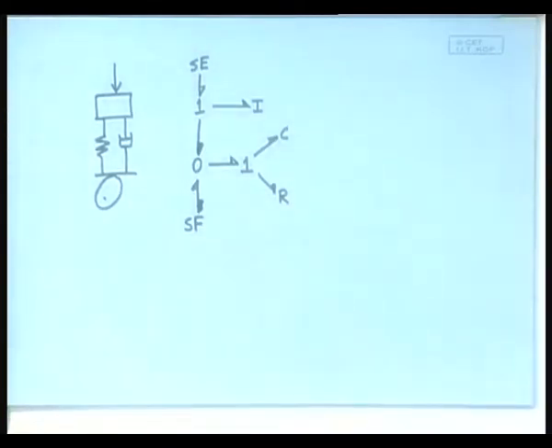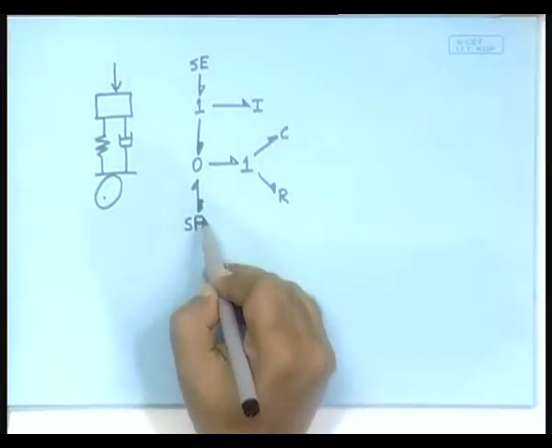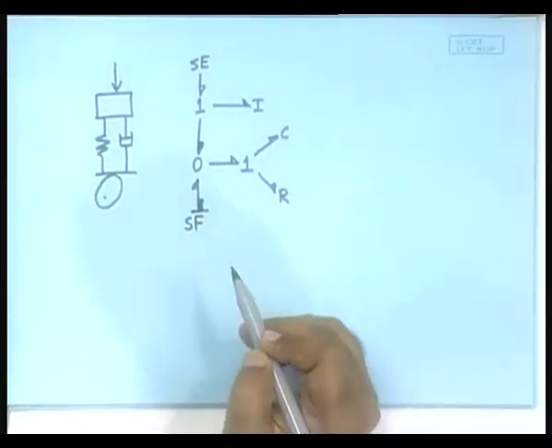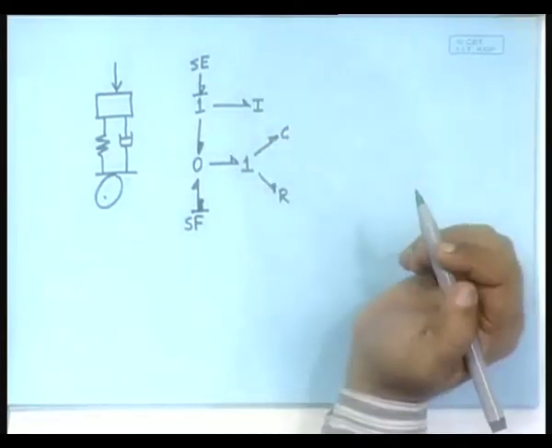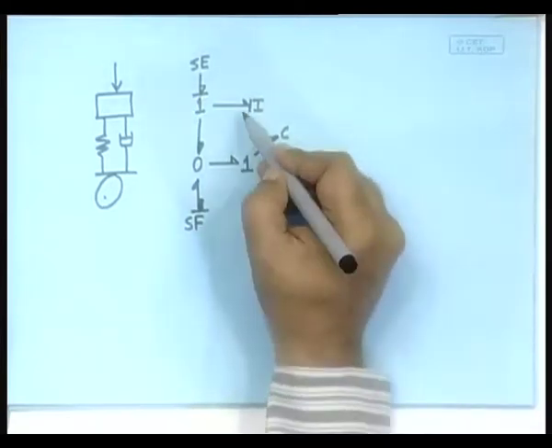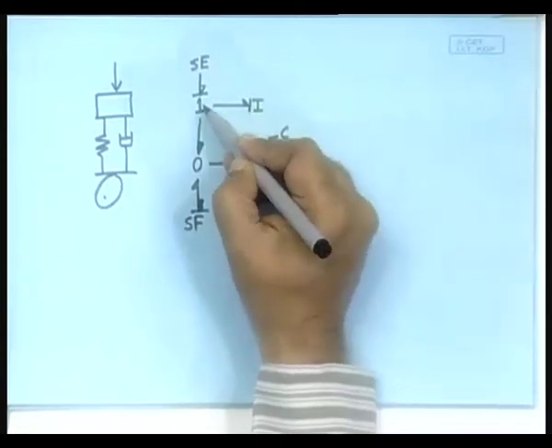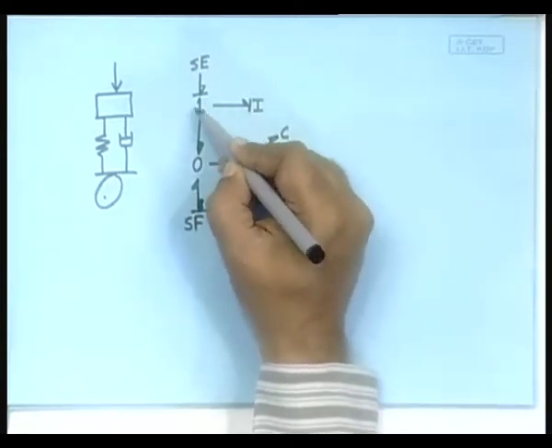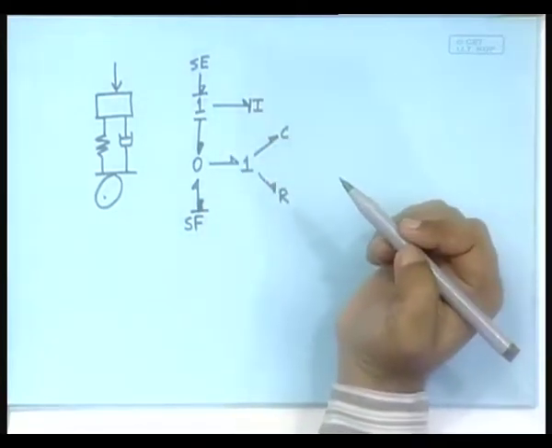Okay, now let us assign the causalities. SF should be giving flow information into the system. SE should be receiving the flow information. I should be giving the flow information, and this fellow should go into the 1 junction, and therefore, it is already receiving the flow information, it should give here. Okay.